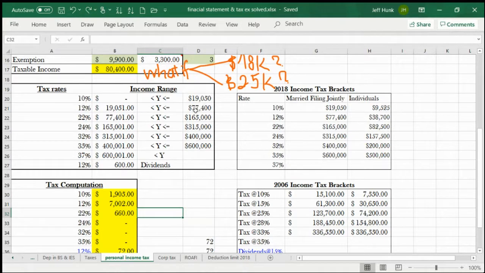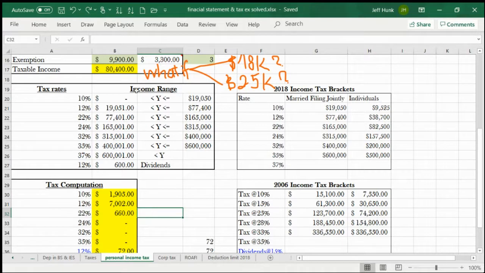Now their second bracket would be the portion between this and this, which would be roughly about $50,000. For that $50,000, they will be paying 12%. So their second layer, or second bracket, is done.